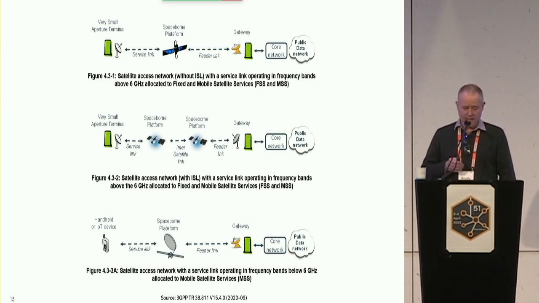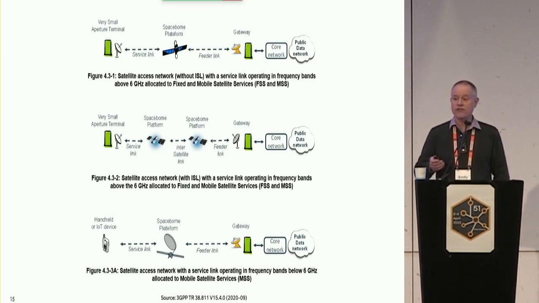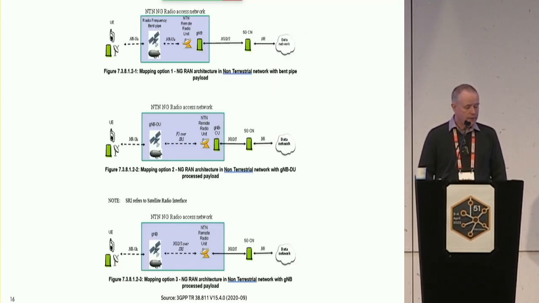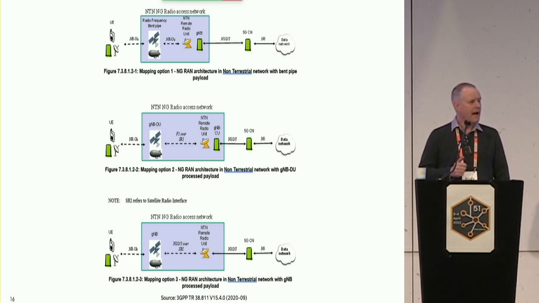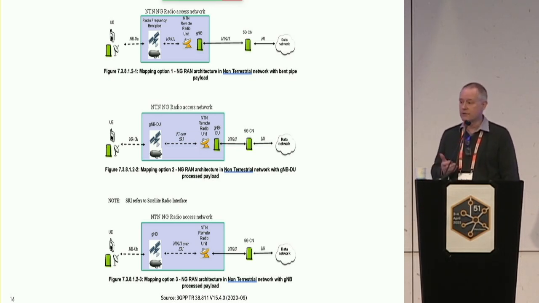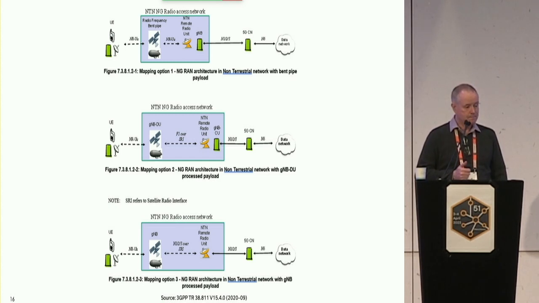Now, that direct-to-device communication opens up some really interesting scenarios and some interesting research questions around the base station itself. And I mentioned the need or the ambition to have regenerative payloads on low Earth orbit satellites. So, do we actually put the base station on a satellite? That's a really interesting question.